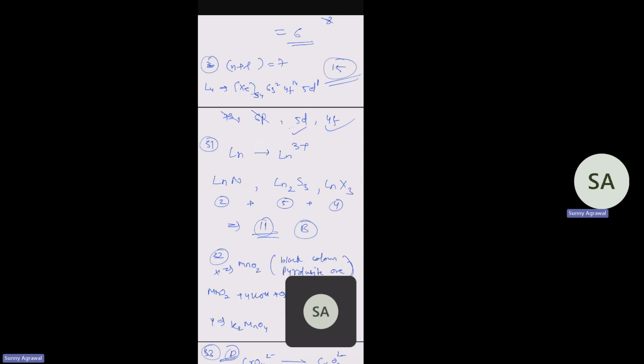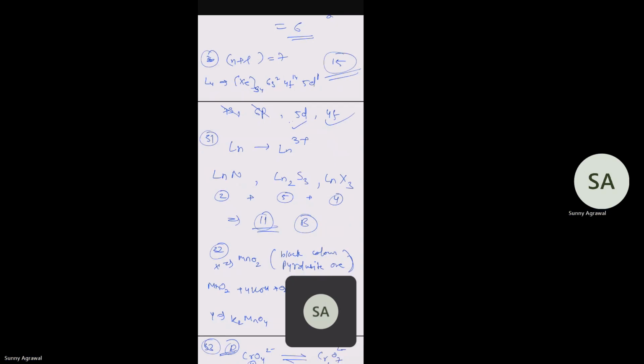Or Ln2S3 with sulfur, where sulfur is -2 and Ln is +3, and the atomicity will be 5. Ln shows +3, whereas halogens show -1, so LnX3 atomicity will be 4. So the sum of atomicity will be 2 plus 5 plus 4 equals 11. So answer B is the correct option.